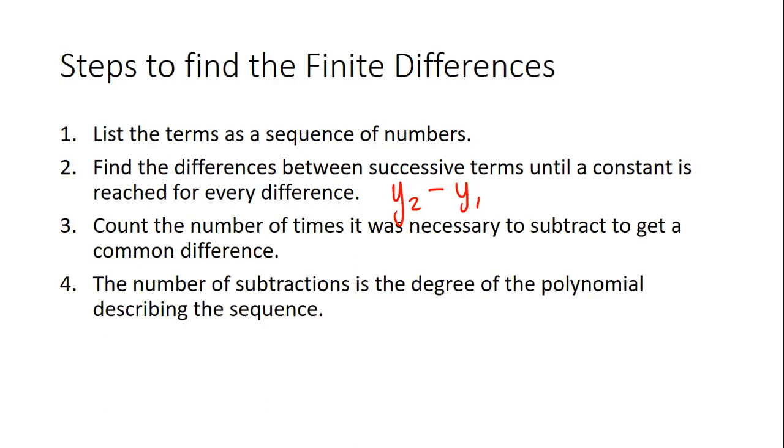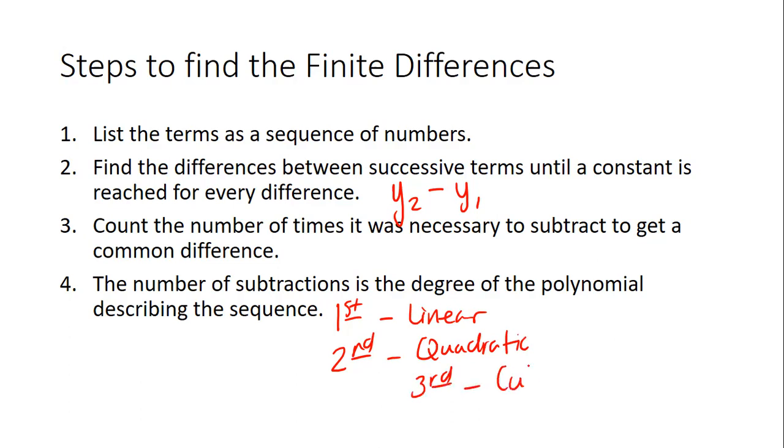You can have a first degree polynomial, which is called a linear. A second degree polynomial is a quadratic. A third degree polynomial is called a cubic. A fourth degree polynomial is called a quartic, and a fifth degree polynomial is called a quintic.